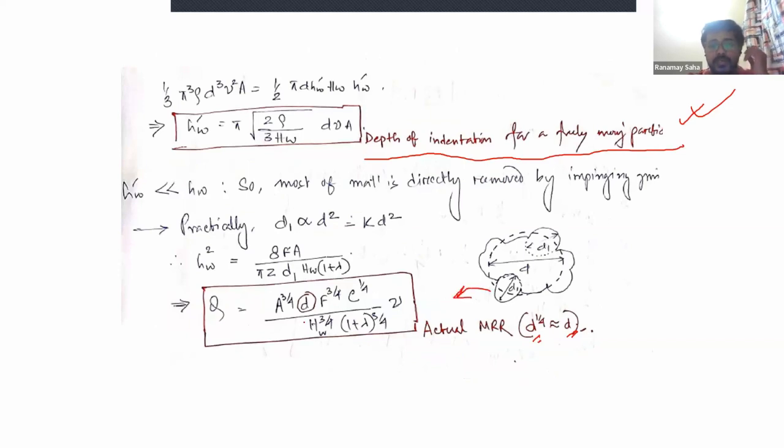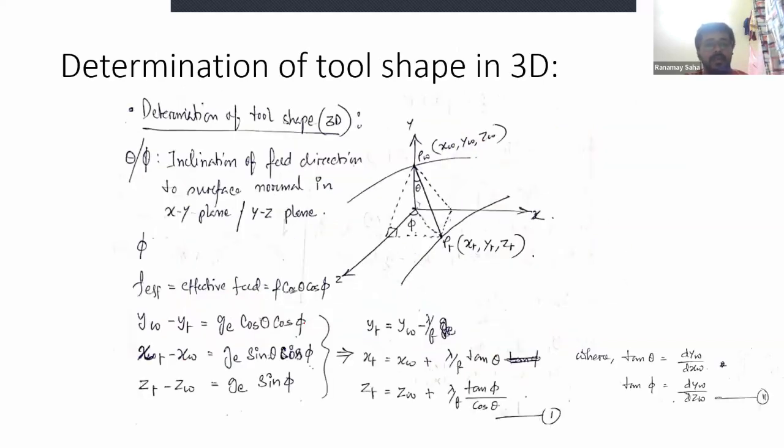So this is one thing, and then this is something we had discussed some time back, where you have to determine the tool shape in 3D. The process follows the same, so I'm not going into the details of this derivation.